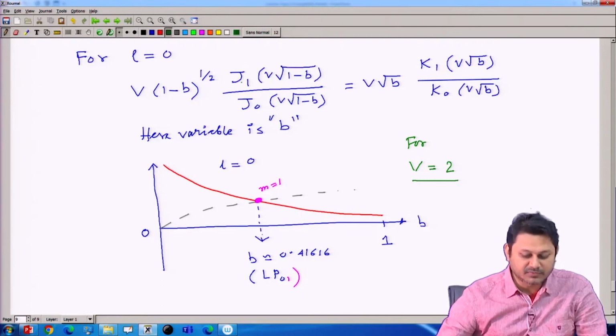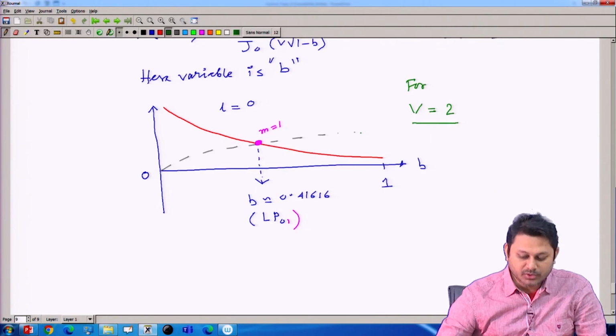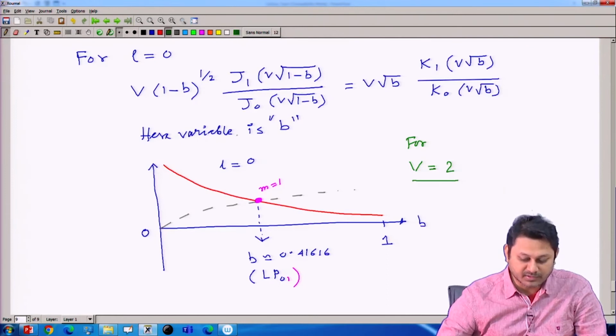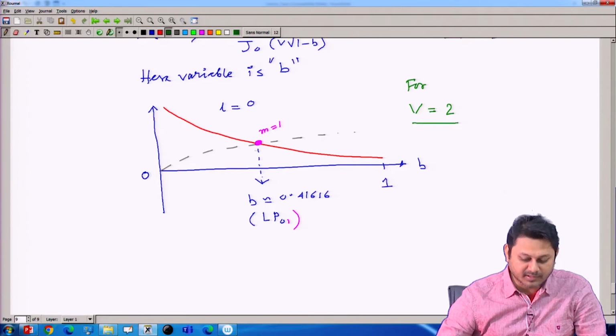This is a Bessel function of first kind with 1 and this is Bessel function 0, J0, J1. So, you can use the computer to plot this portion and also the right hand portion for a given value of V, which is 2. When you do, you will find that these two functions are changing with respect to B like that, and there is a cutting point here somewhere.